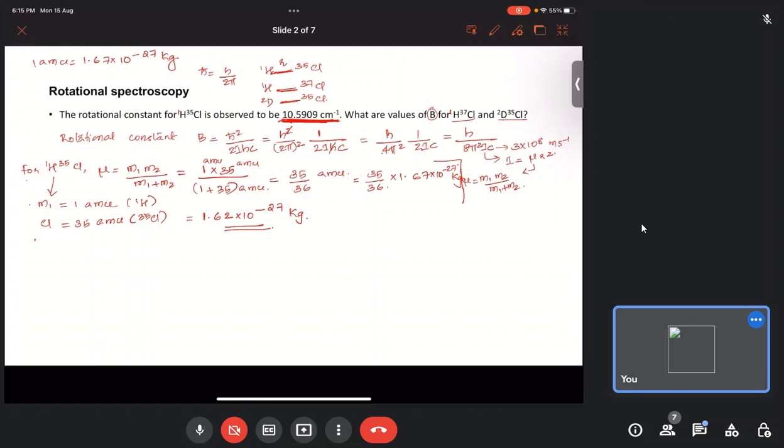So for this particular system, the mu value is 1.62 into 10 to the power minus 27.